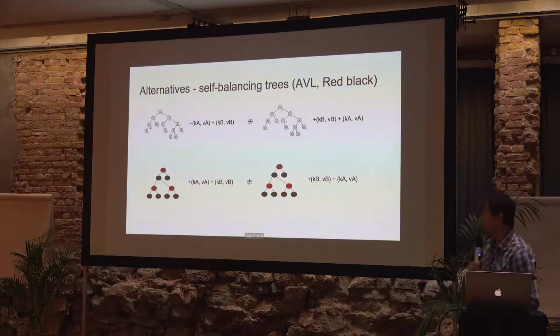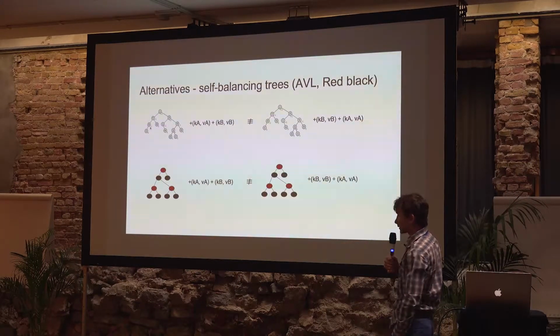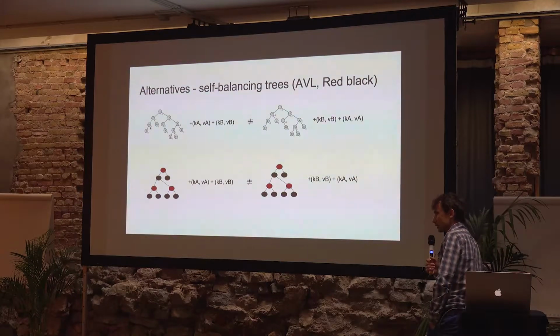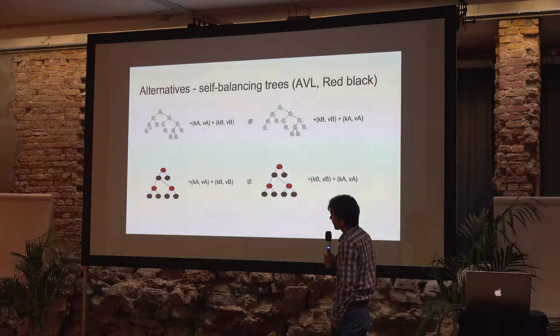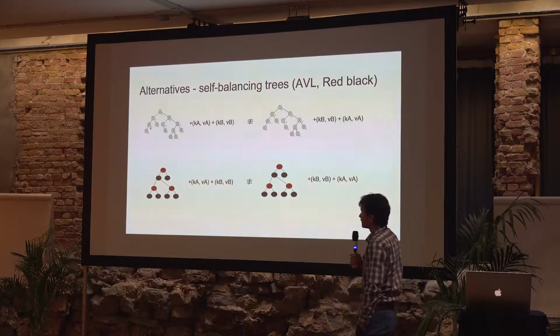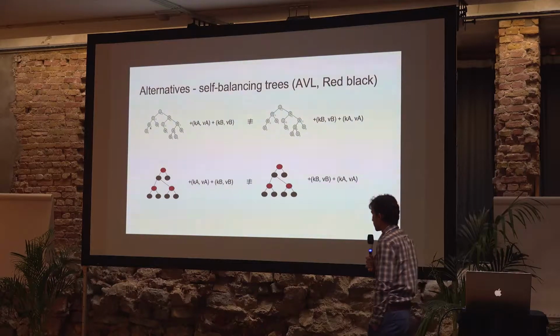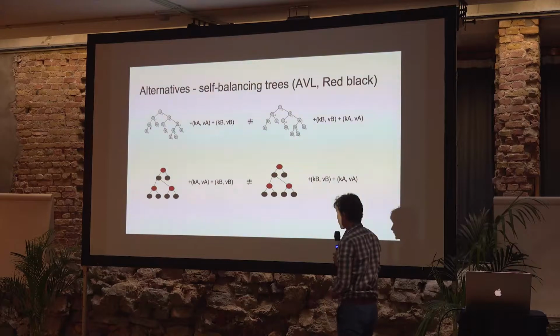Then it's worth noting that there are some projects which use self-balancing trees, like Tendermint has this AVL tree built in, and there's also the red-black tree. Essentially, they are all self-balancing, meaning that they try to preserve some kind of balanced shape during the modifications.